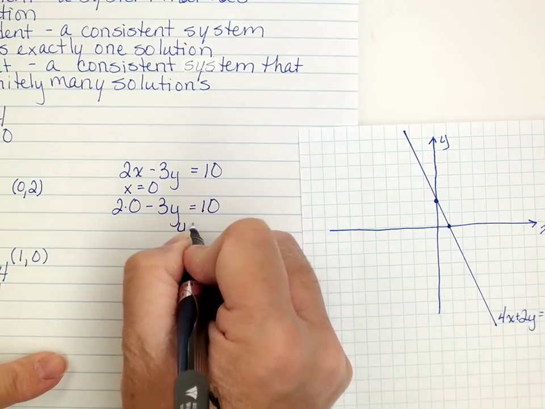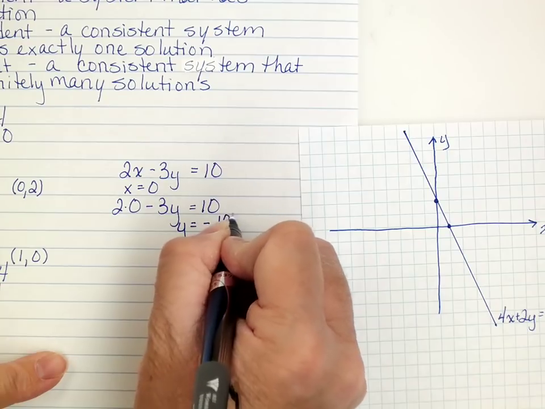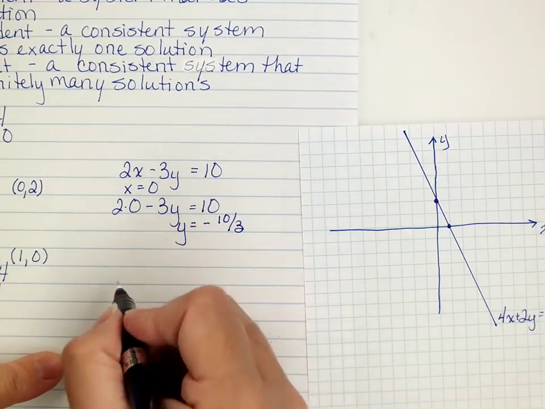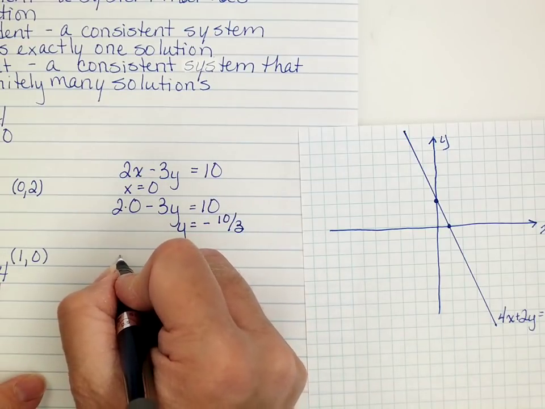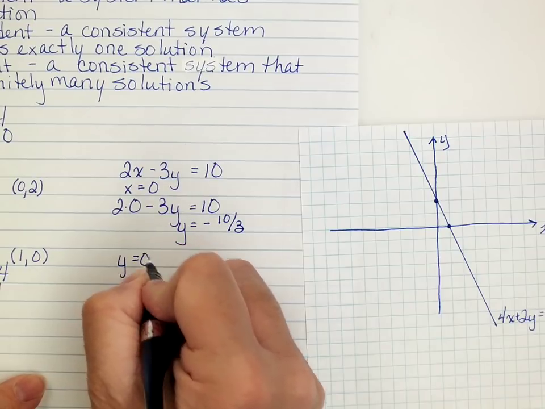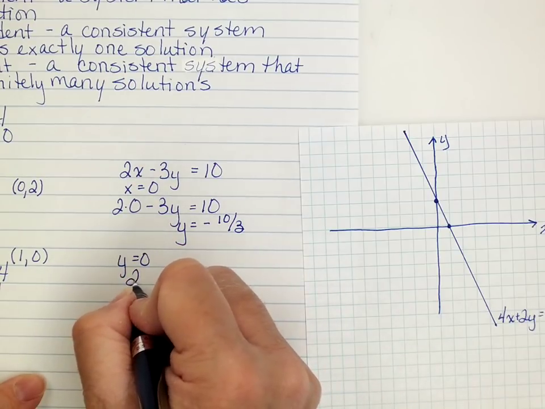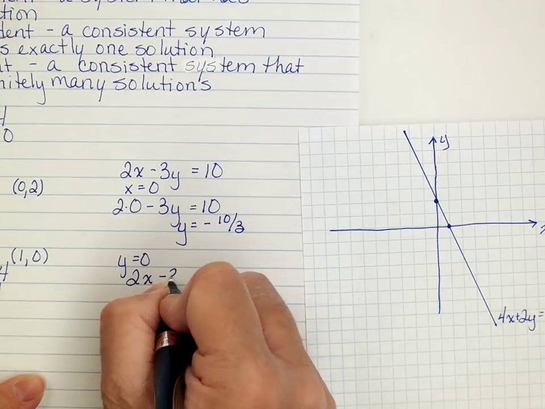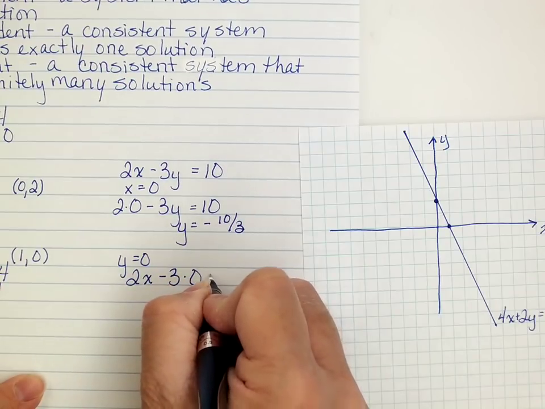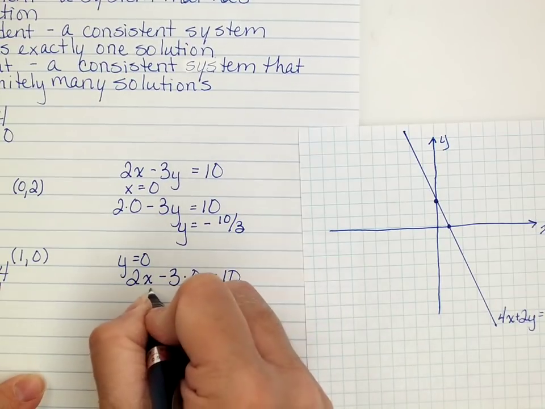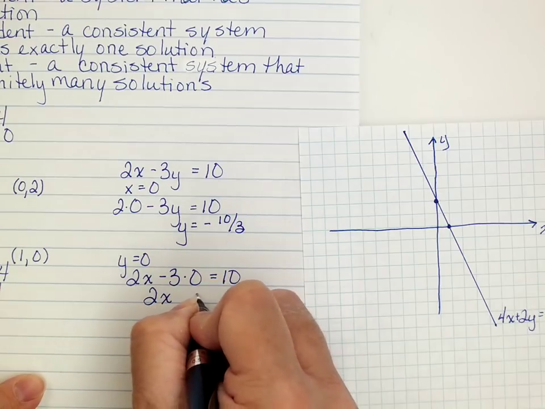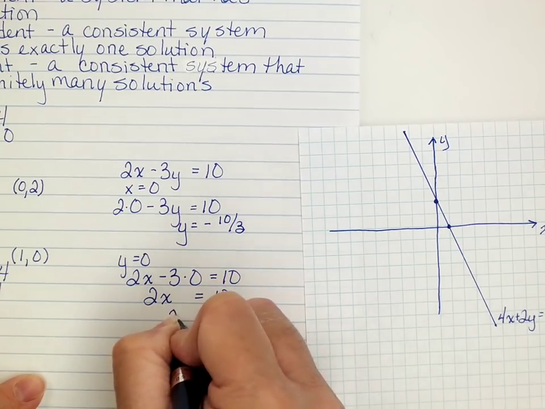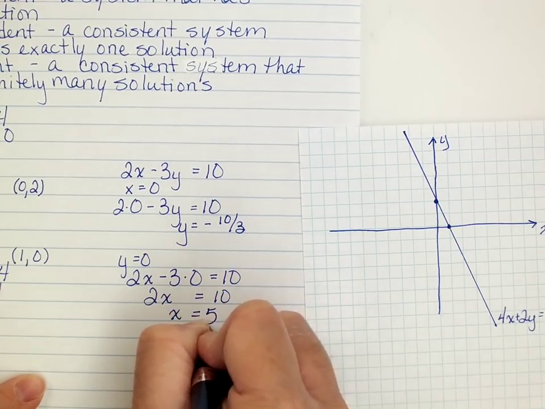So y is going to be negative 10 thirds. Then I'm going to let y equal 0. If y equals 0, I'm going to have 2x minus 3 times 0 equals 10. That gives me 2x equals 10. So x is going to equal 5.